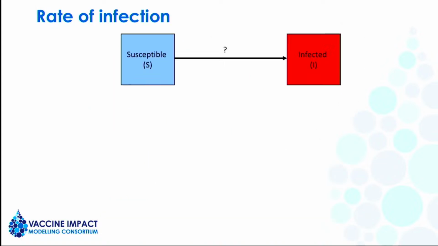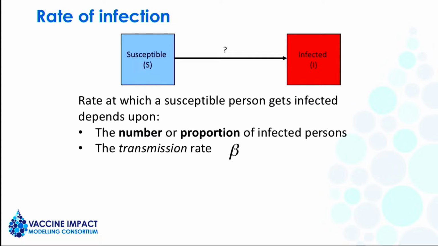So we've got our SI model, our susceptible and infected compartments. But we know that there's a transition between going from susceptible to infected. That's where we've got our transmission event happening. So what is that? This arrow represents the rate at which a susceptible person gets infected.